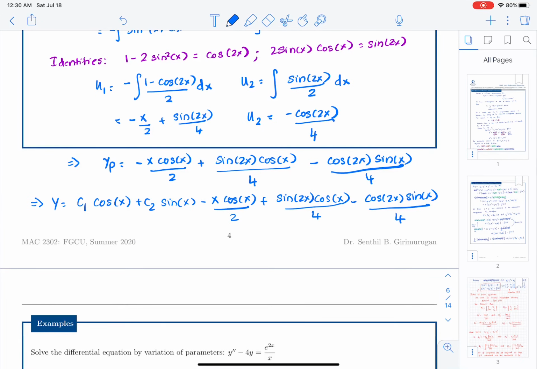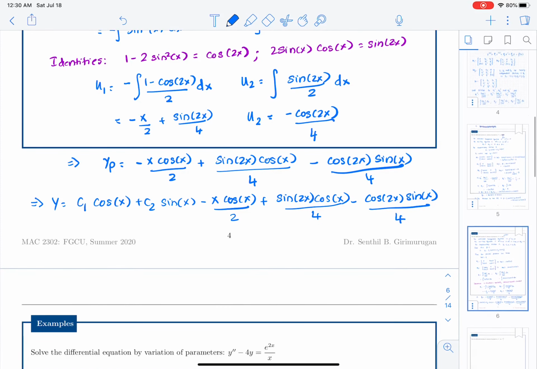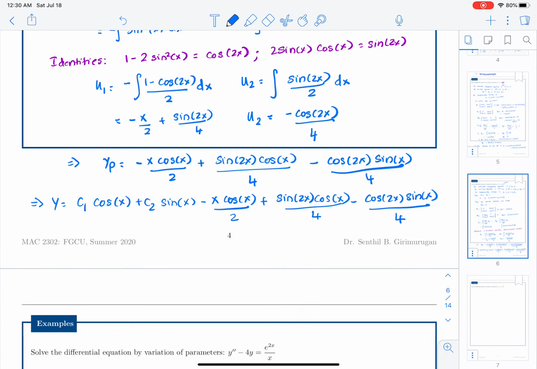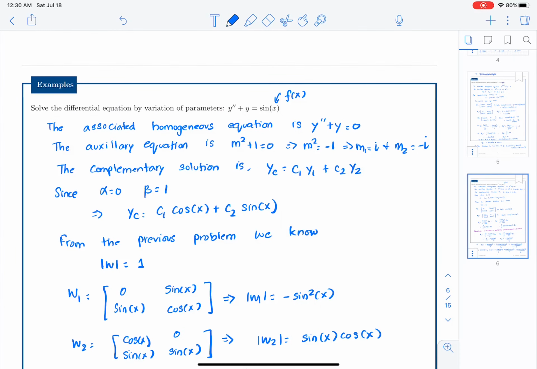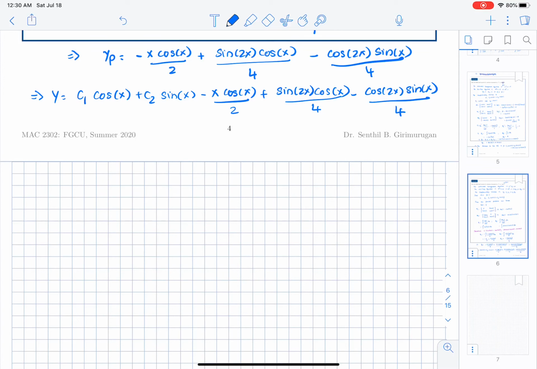I wonder if I could simplify this further. Something tells me that we can. Let's see. So y is c1 cosine x plus c2 sine x minus x cosine x over 2.